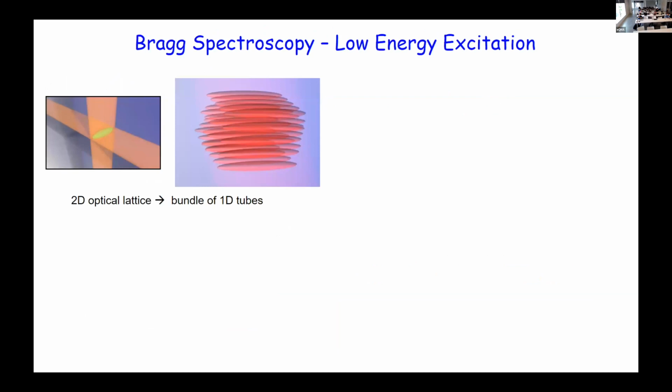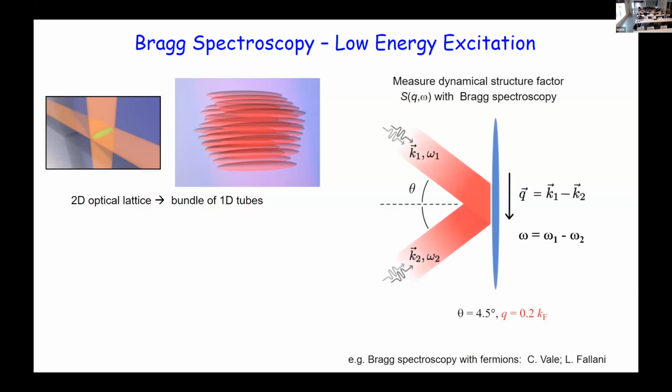So this is experimentally how one can do such an experiment. As I mentioned earlier, if you use a two-dimensional optical lattice, you can produce a bundle of one-dimensional tubes, each of which in our experiment contains something like 50 to 100 atoms. Then we do Bragg spectroscopy as well.